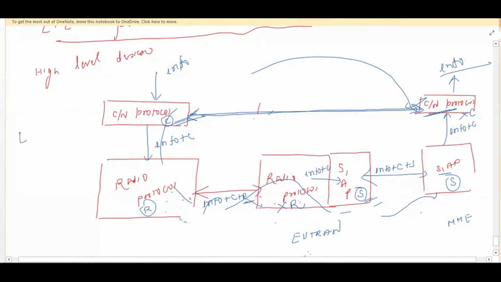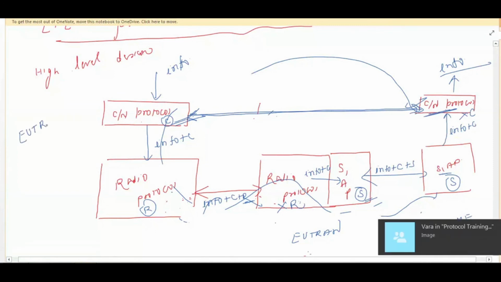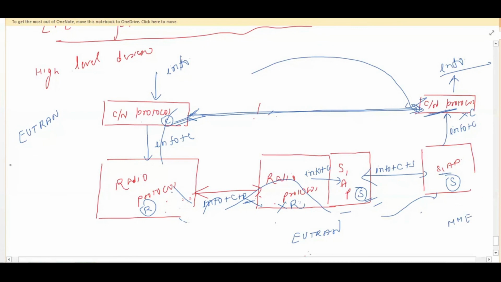EUTRAN will remain transparent for the core network protocol. Transparent means whatever information came from the core network protocol, EUTRAN transmits as it is. It does not do anything. It will be transparent for the core network protocol.